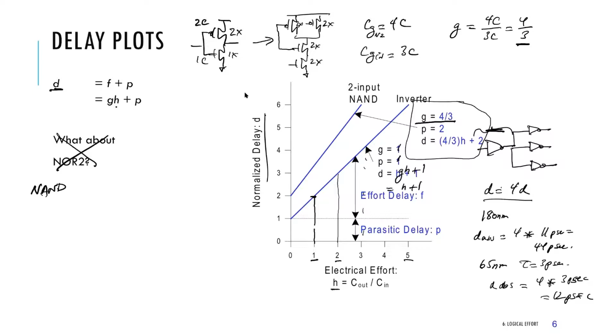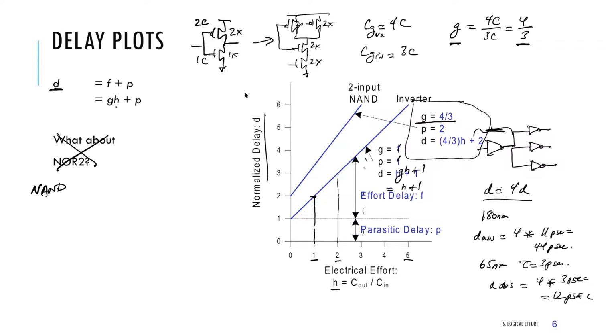It provides a loading of 4/3 more for the previous stage. It just depends on how you want to look at it, but this is the calculation for how they come up with G.